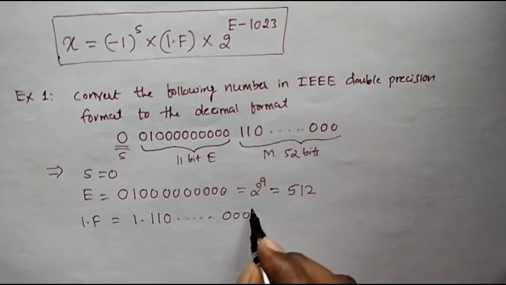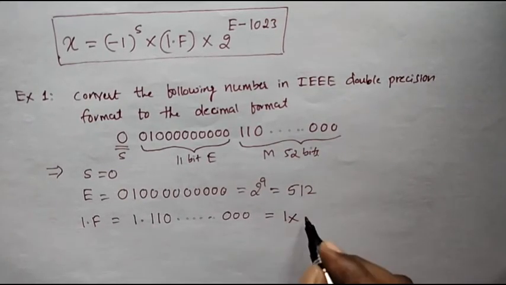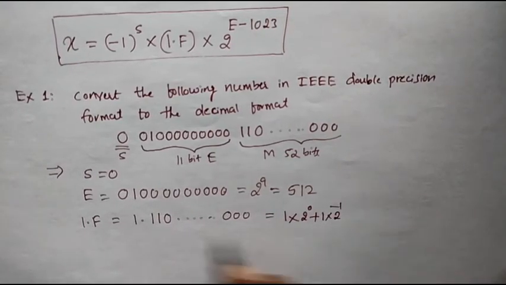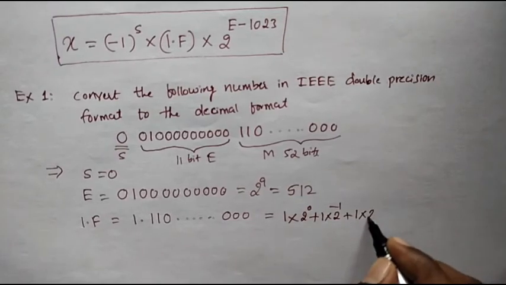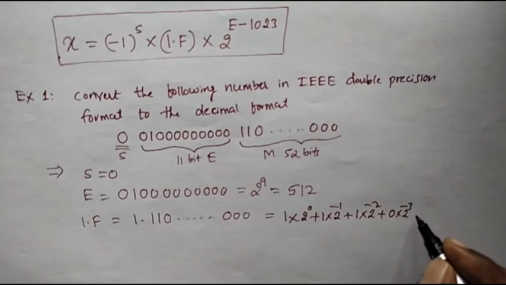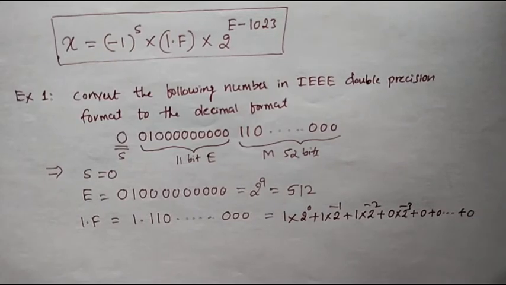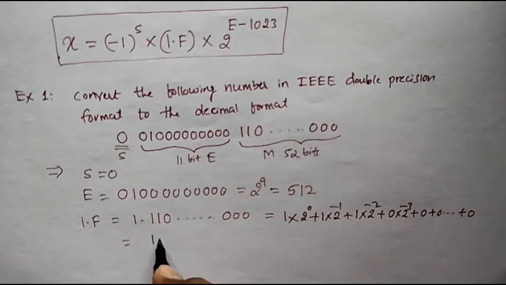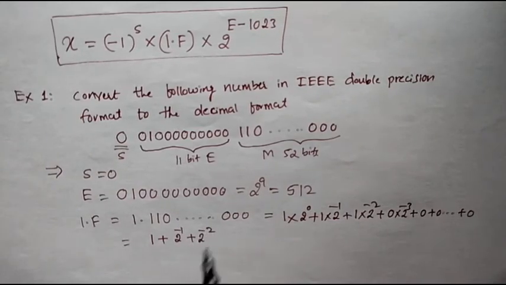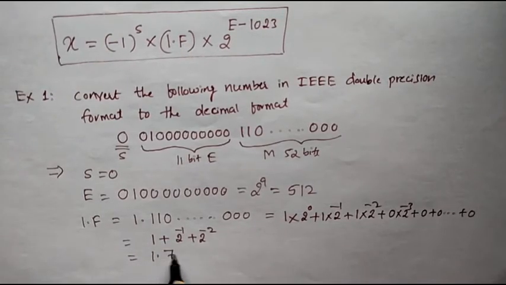Converting this number into decimal gives 1 into 2 power 0 plus 1 into 2 power minus 1 plus 1 into 2 power minus 2 plus 0 into 2 power minus 3 plus the remaining all zeros. Simplifying this, we get 1 plus 2 power minus 1 plus 2 power minus 2, which is 1.75.